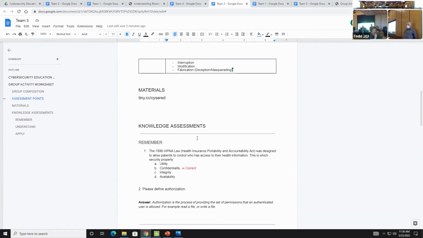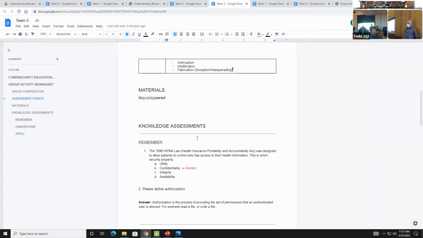And like Chris said earlier, sometimes as experts we take certain things for granted. Just knowing that confidentiality, integrity, and availability are the key pillars of cybersecurity is being able to remember a core concept on its own.